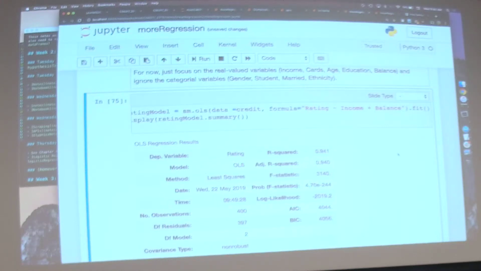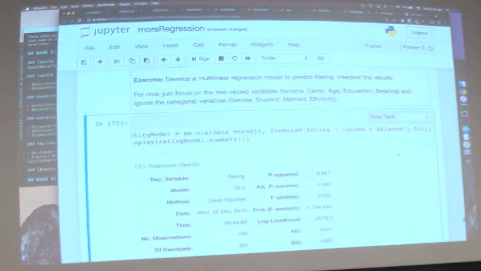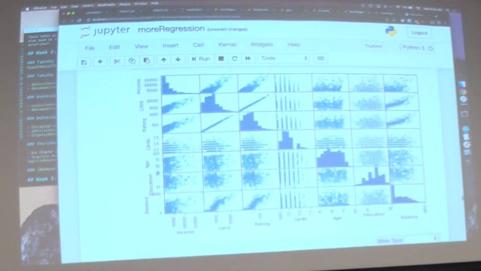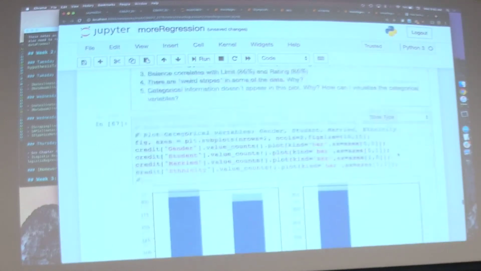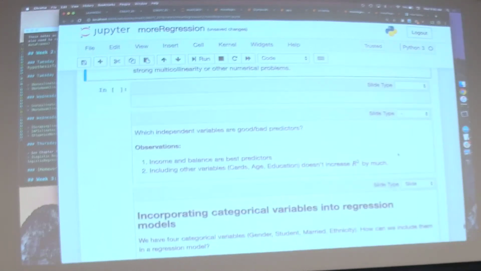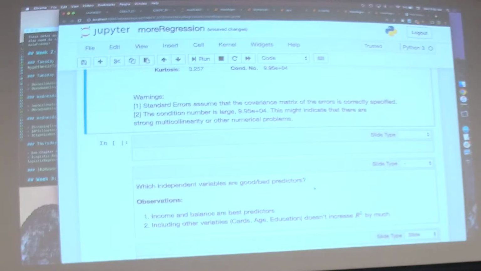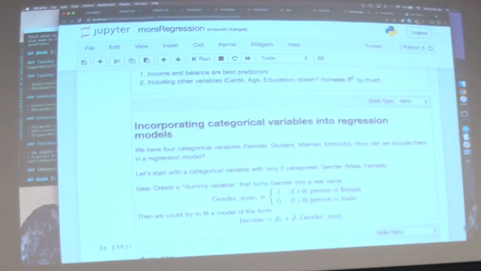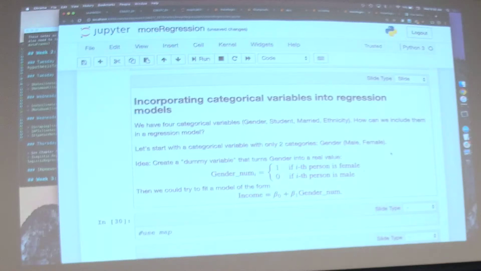So we did a little bit of model exploration, this kind of exploratory analysis to figure out what might be important, and then found ourselves a model. Income and balance are the best predictors. The other ones don't matter so much.